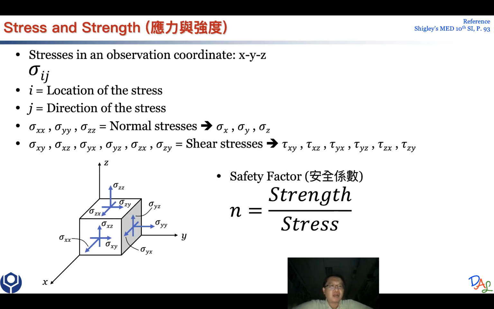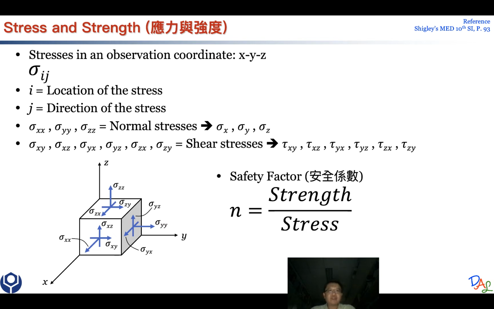Now, for every material, if you apply a force, it's generating some kind of pressure we call stress inside the material, and you need to first understand the direction of the force and also what kind of stress it's causing, and the orientation of those stresses will be very important.